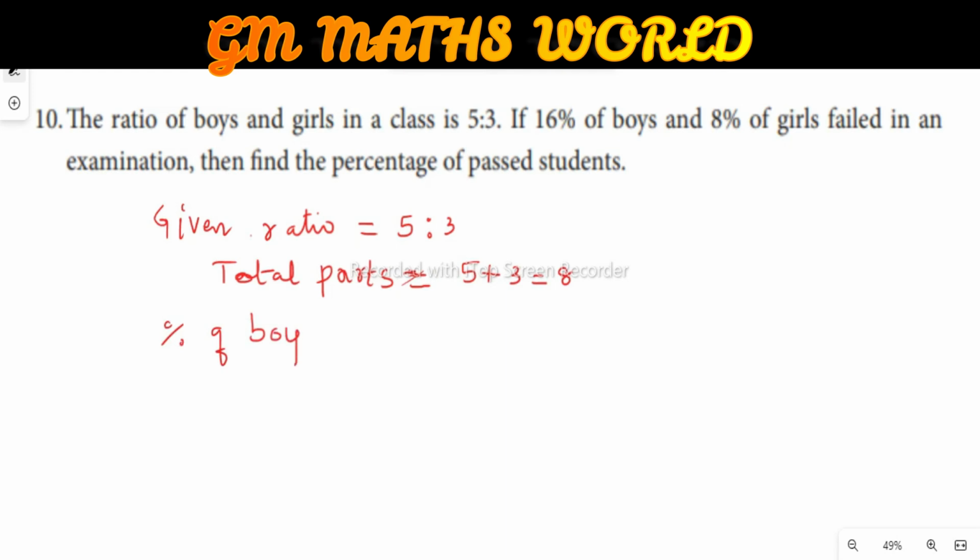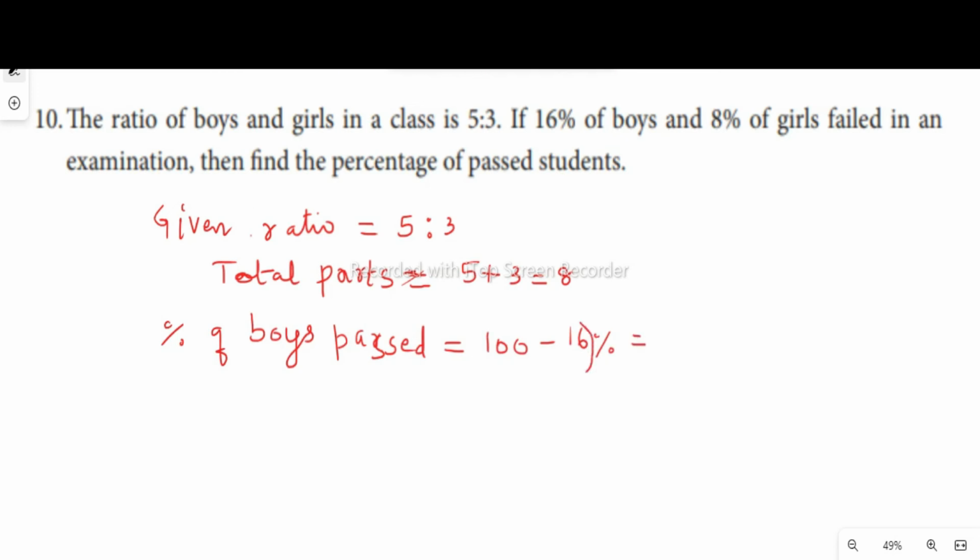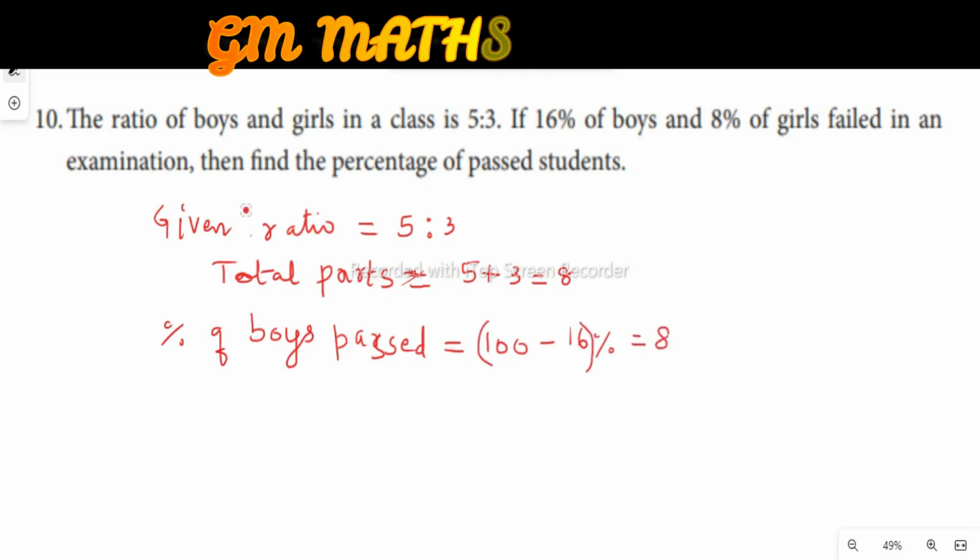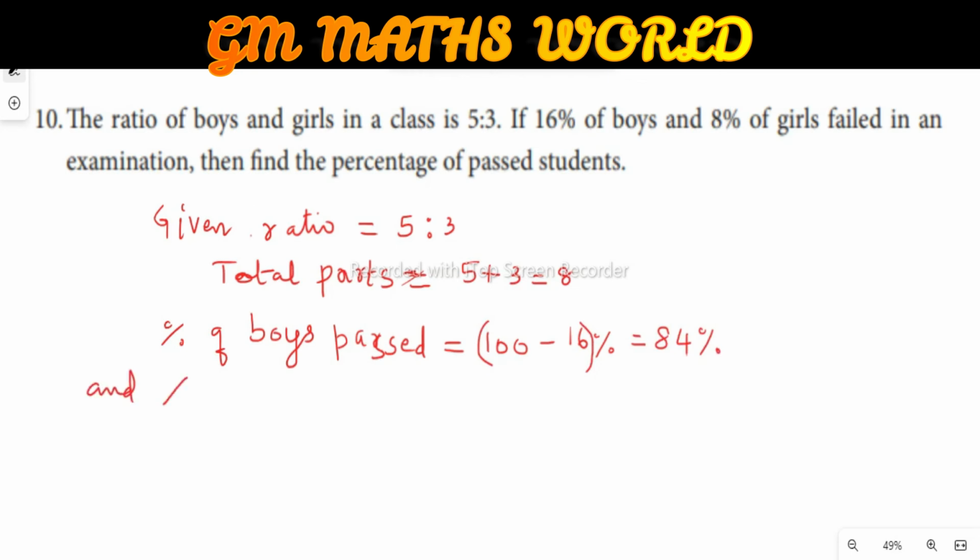So it is 100 minus 16% is equal to 84%. In the same way, percentage of girls passed is 100 minus 8% equal to 92%.